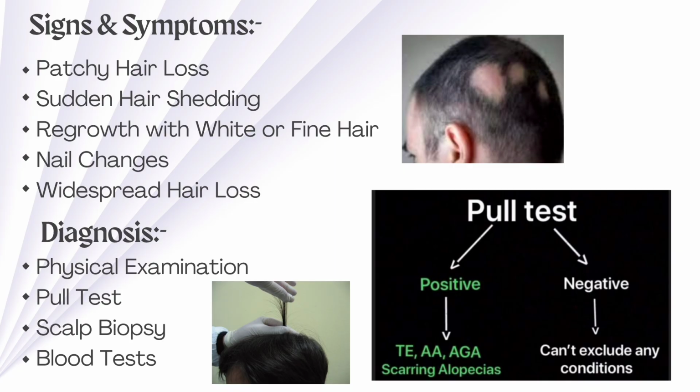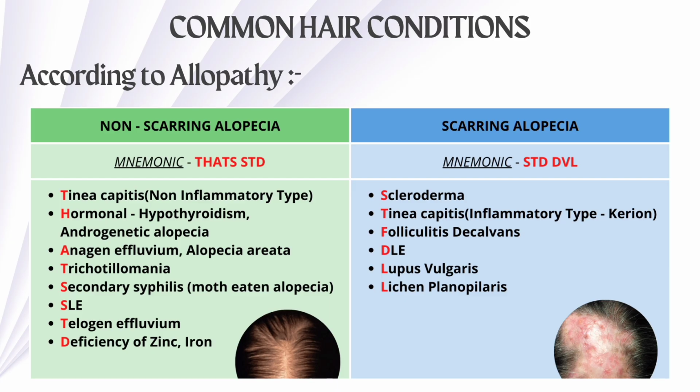Diagnosis: physical examination, pull test, scalp biopsy and blood test. Common hair conditions like non-scarring alopecia include tinea capitis, hormonal changes like hypothyroidism and androgenic alopecia, anagen effluvium, trichotillomania, secondary syphilis, deficiency of iron and zinc.